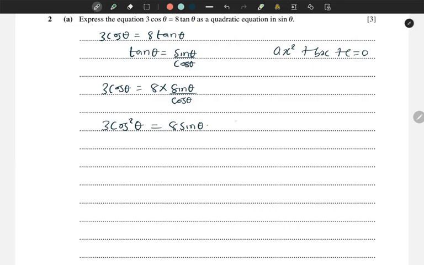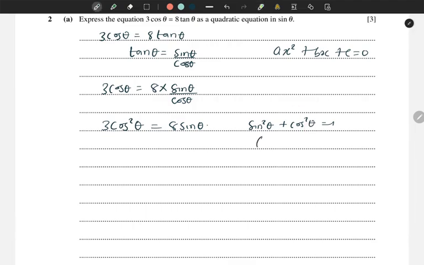So one of the identities of trig is that sine squared theta plus cos squared theta is going to be 1. And since you are trying to express this equation in terms of sine now, we need to eliminate cos squared, and the best way to go about that is to make cos squared theta the subject of the formula.